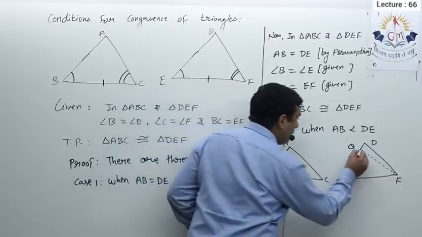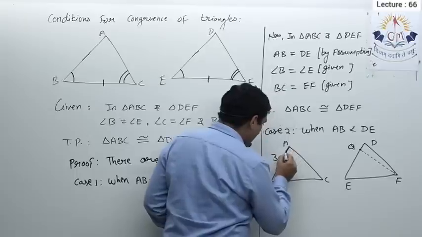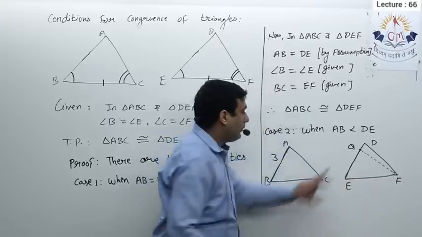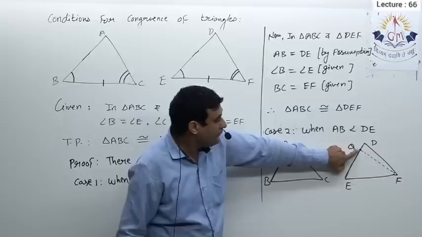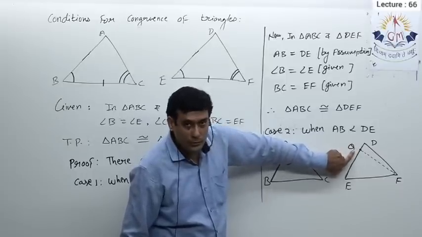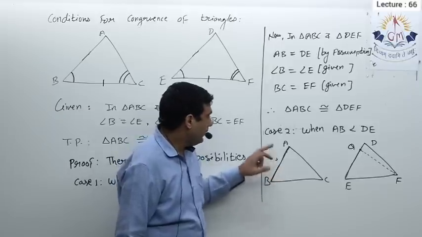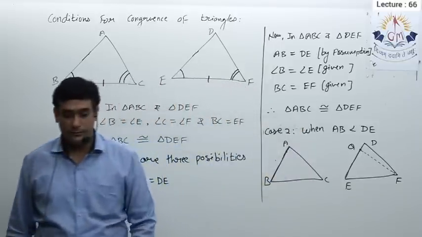So definitely I can find one point on DE such that AB will be equal to QE. Because this is 5, again I'm just assuming, definitely we'll find a point over here so that EQ will be equal to 3 cm, that will be equal to AB. Okay, so note it down up to this point, then I will explain this further.